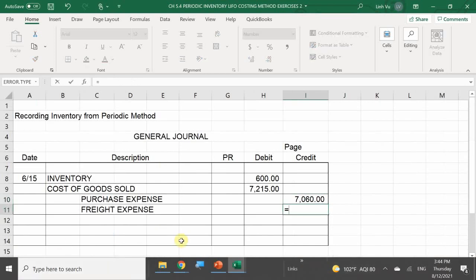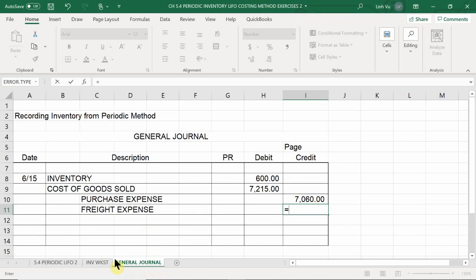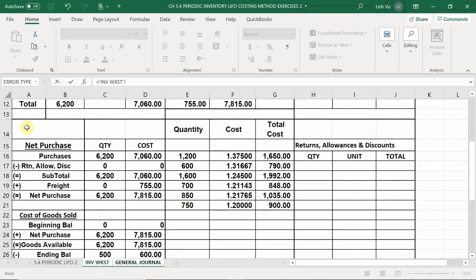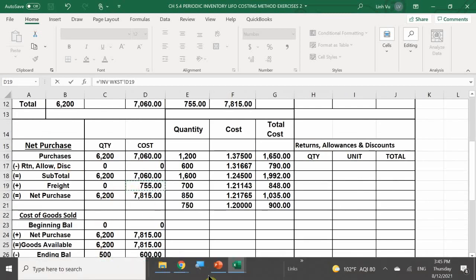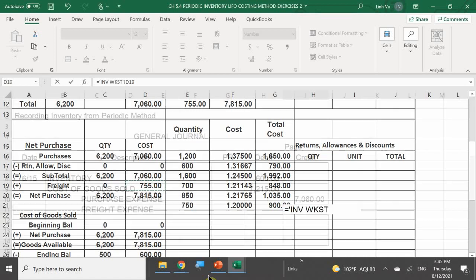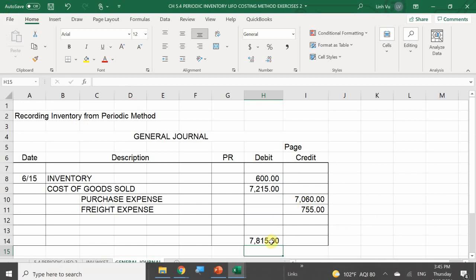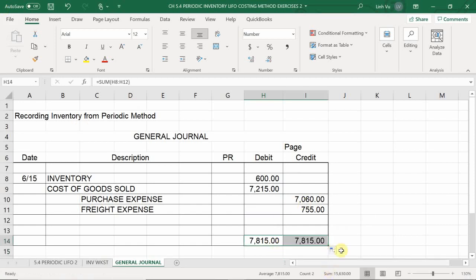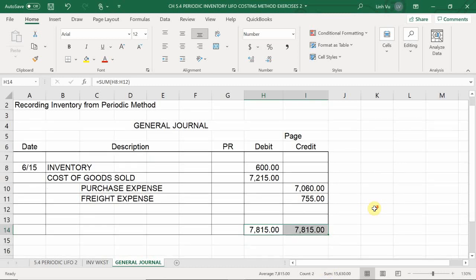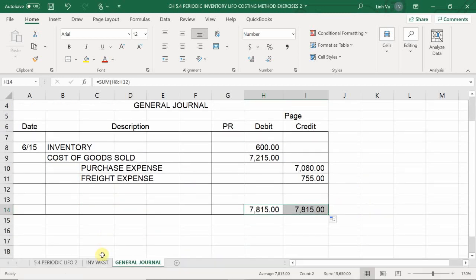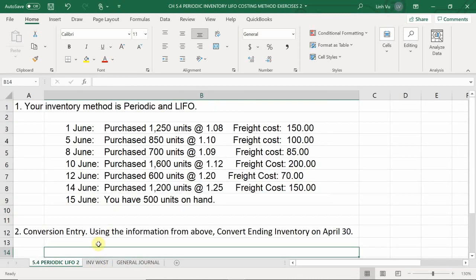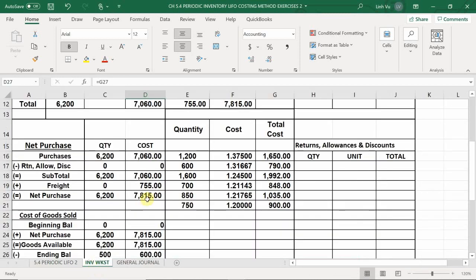And last but not least, what was my total freight? 755. Good. So at the end, I need to make sure that my debits and credits are equal. So I have a total of 7,815 on the left, and I have a total of 7,815 on the right. Okay. Excellent. Any questions in regards to how to calculate LIFO for inventory?